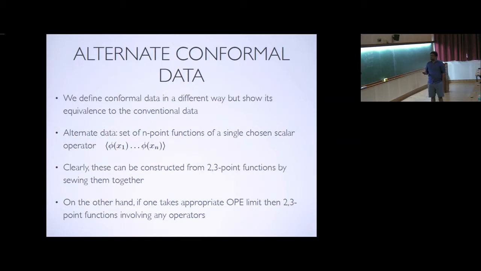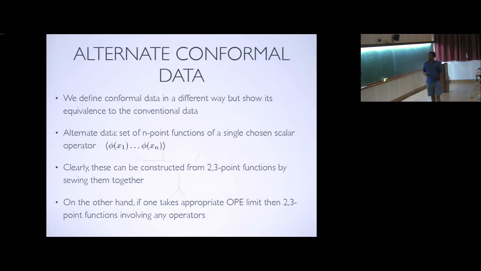Now clearly, this set of data can be constructed from 2, 3 point functions by sewing them together. Moreover, if one takes the appropriate OPE limit, then any 2 and 3 point function of any desired operators can also be obtained from starting with a sufficiently high point function of phi.